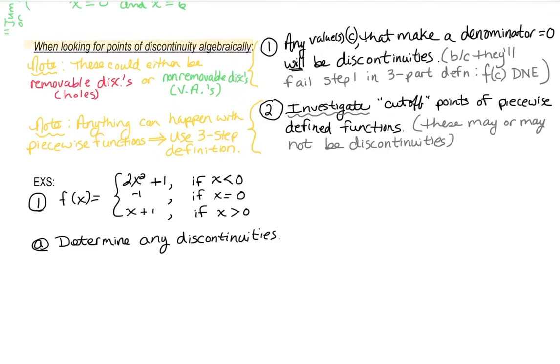All right, so in this situation, we don't have any denominators, but we definitely have ourselves a piecewise defined function. And so we definitely need to investigate what's happening at x equals 0. So we're going to investigate continuity at x equals 0.